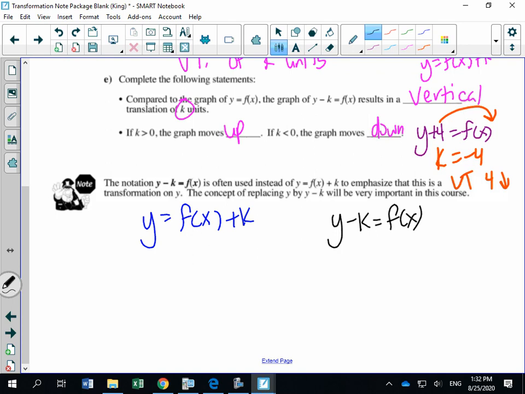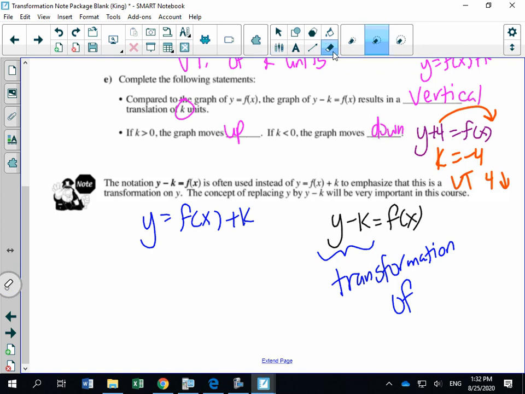The reason they do that is they want the k value to be next to the y value. What we're eventually going to see when we look at coordinates on graphs is the k value is actually a transformation on y.